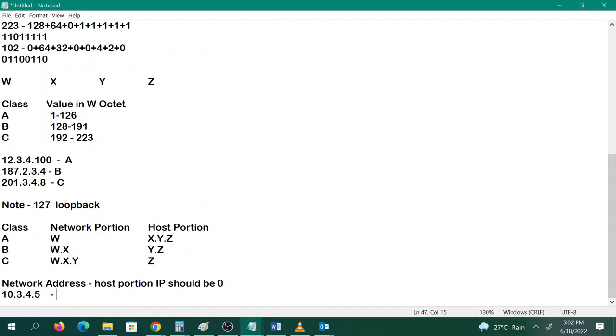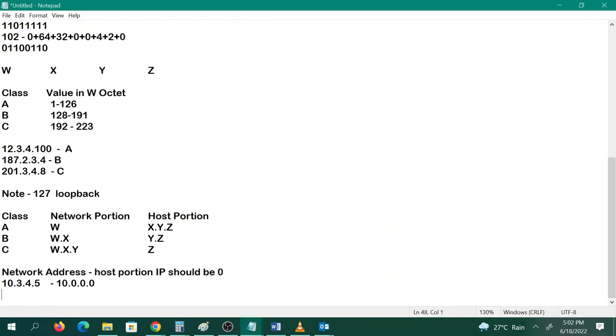So the network address for this IP will be 10.0.0.0, with all the host portion 0.